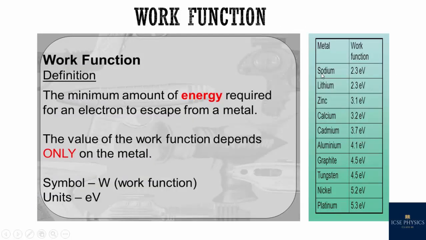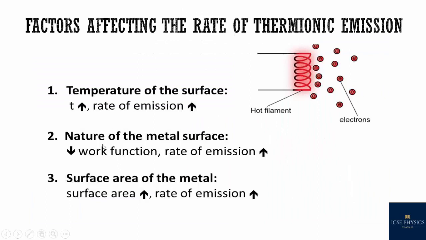If I supply 4 electron volt, then I can emit electrons from sodium, lithium, zinc, calcium, cadmium. But I cannot emit electrons from aluminium because the threshold energy for emitting an aluminium electron is 4.1 electron volt. So it depends upon the nature of the metal surface. The third one is the surface area of the metal. The more the surface area, the more the rate of emission.